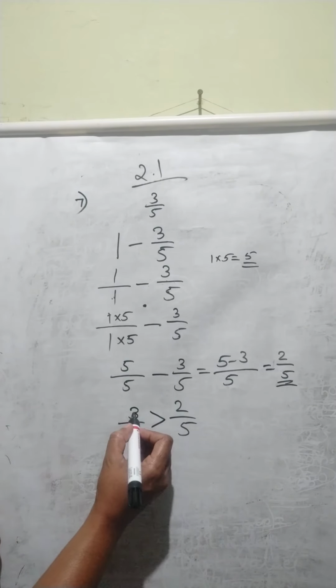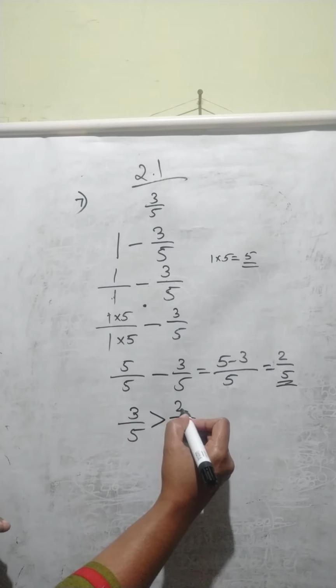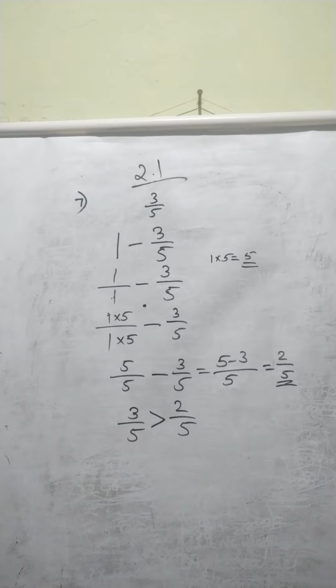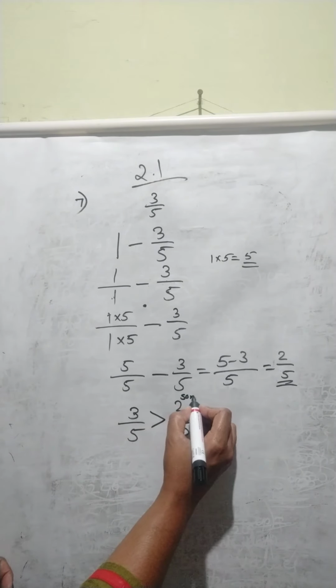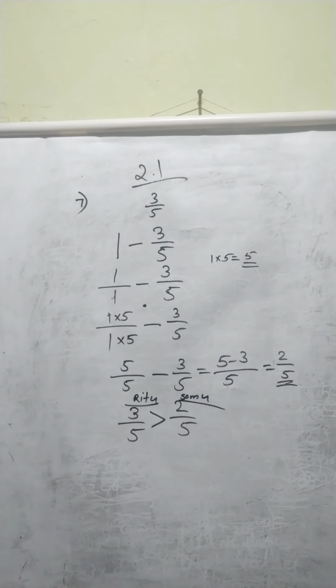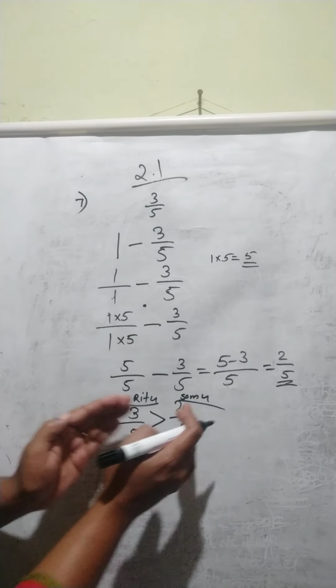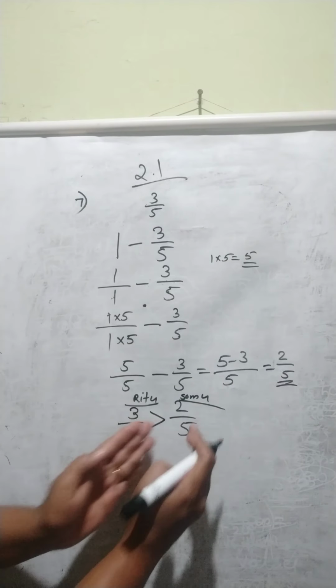So we can say Ritu got more apple than Somu. Okay, this is for our Somu and this is for our Ritu. Clear for you? Then how much? By how much greater?